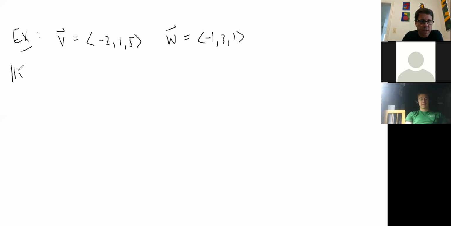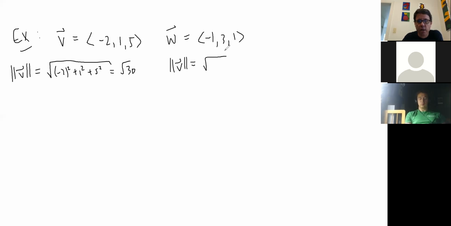The length of V is the square root of each of these squared together: -2 squared plus 1 squared plus 5 squared, 4 plus 1 plus 25, that'll be 30. So the square root of 30. The length of W, maybe we can do that in our head: 1 and 9 and 1, so that's 11. The square root of 11.